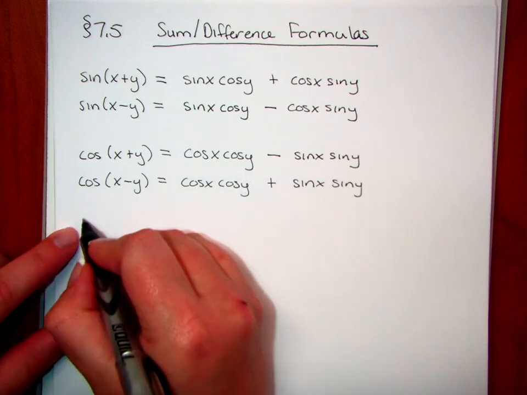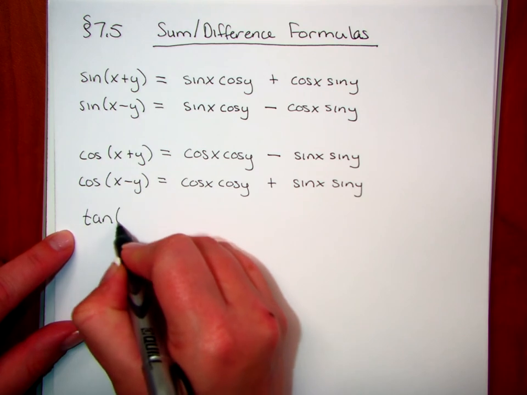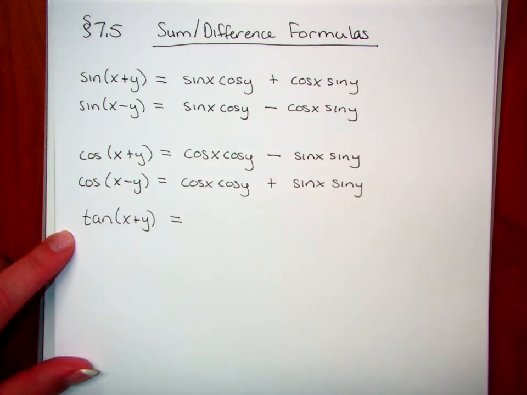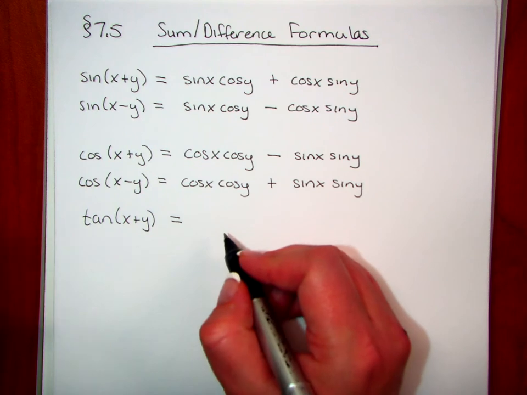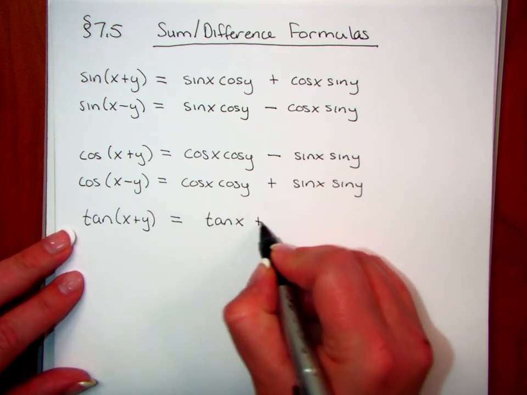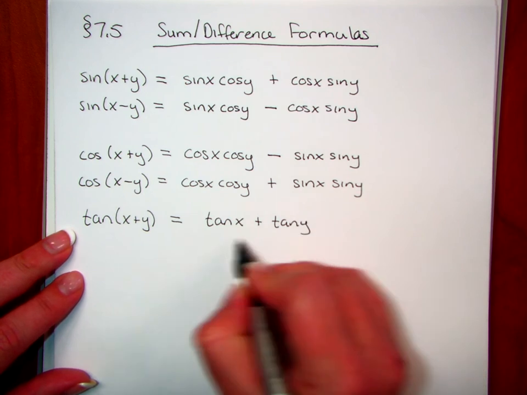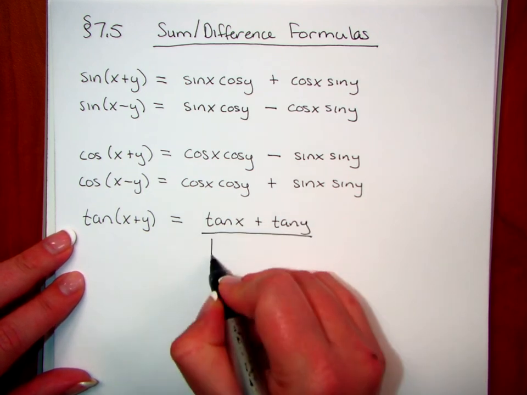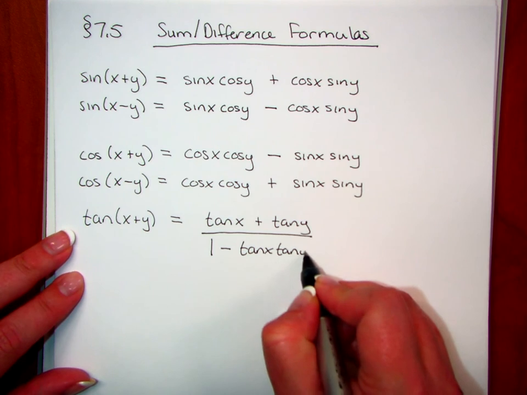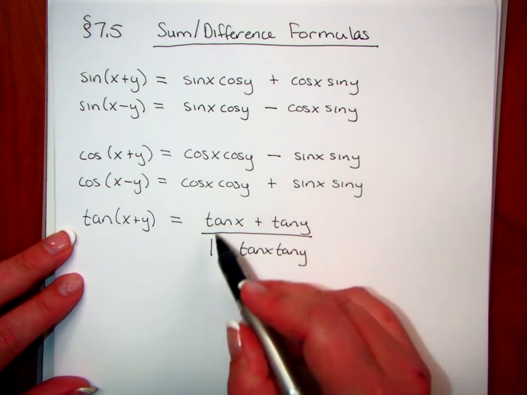All right, so we have 2 more. We have tangent sum, right? The most important thing to remember about tangent is that it's a fraction. We're going to get tan x plus tan y over 1 minus tan x tan y, right? So the identity is a fraction.